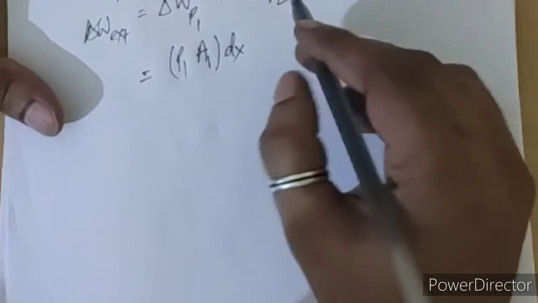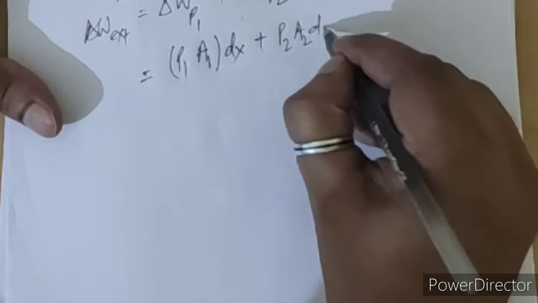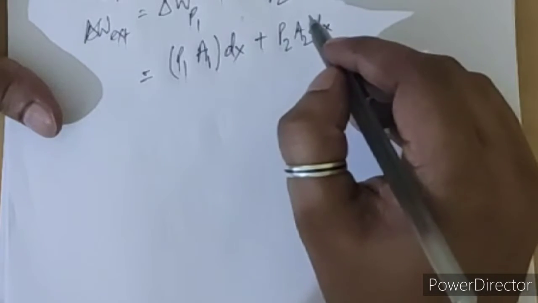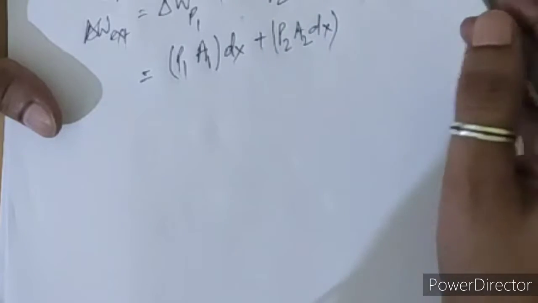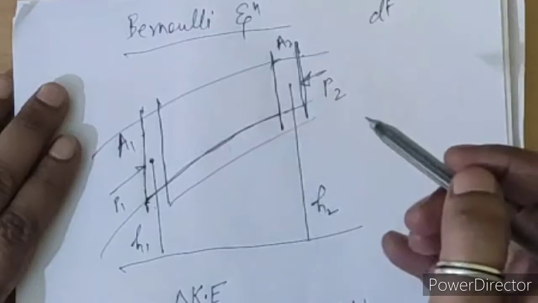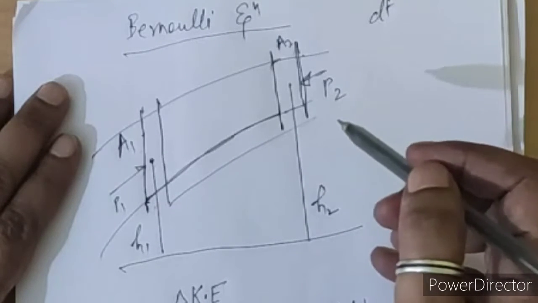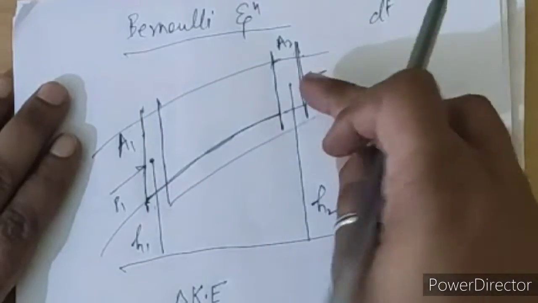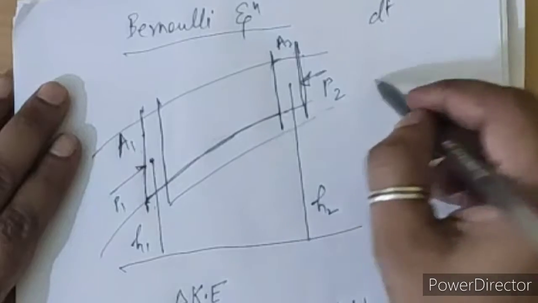Now work done by the pressure P2 will be like P2 A2 and let's say dx, and now work done by the gravity is two-sided. Basically this mass has displaced, this has moved by height h2 minus h1.